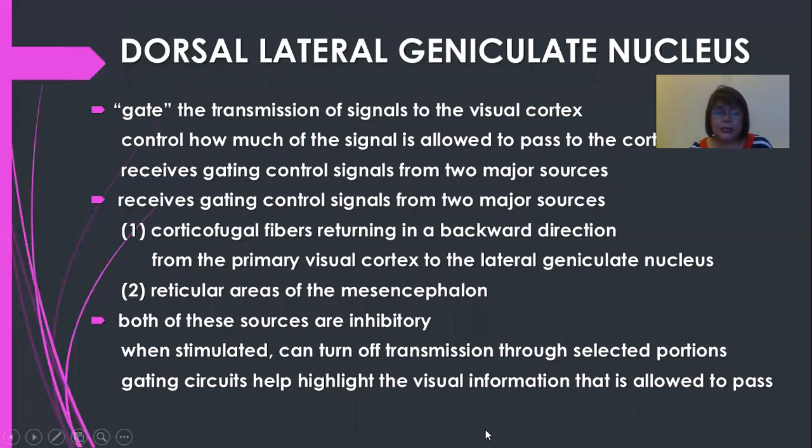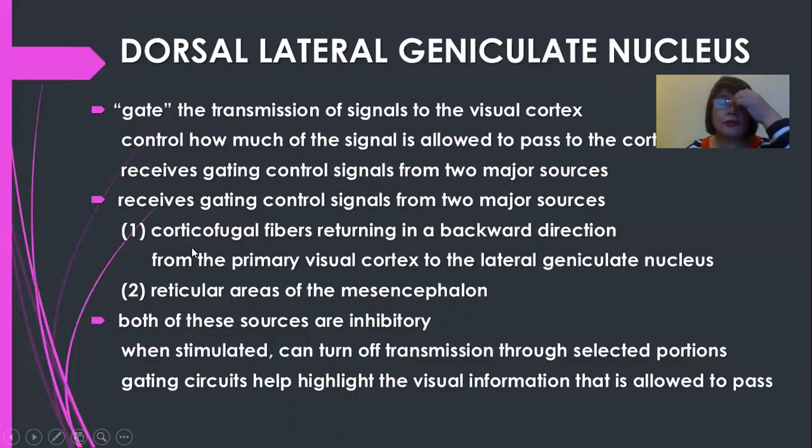Also, the dorsal lateral geniculate nucleus gates the transmission of signals to the visual cortex, so that after it leaves the lateral geniculate nucleus and goes to the visual cortex, some signals would go back to the nucleus. And so it receives gating controls.